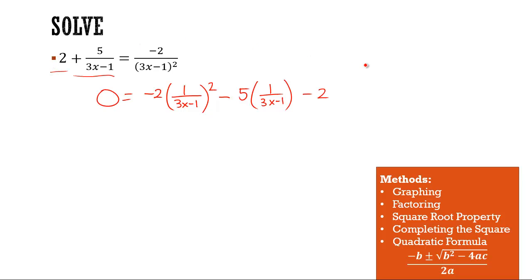So if you can see that, then you can see that this 1 over 3x minus 1 is actually our x, our variable that we're finding.